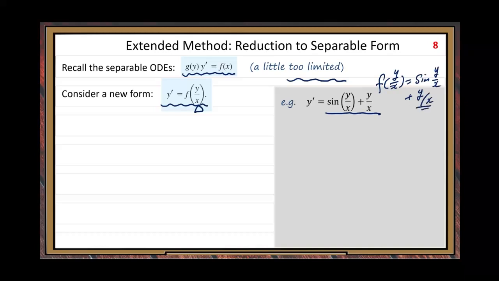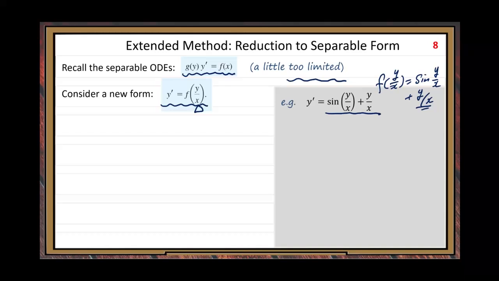That's the specific f function. The first question: is this separable? If we use our standard understanding of separability on this equation, you can see there is no way you can separate y and x, these two variables.